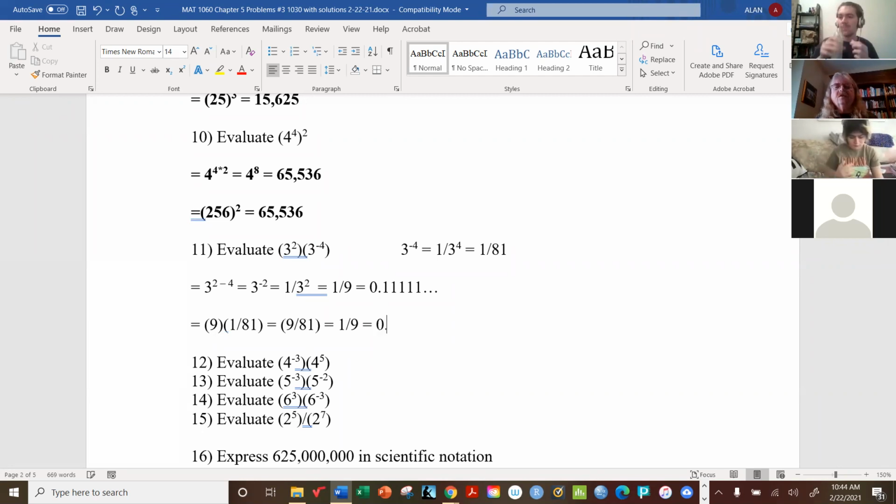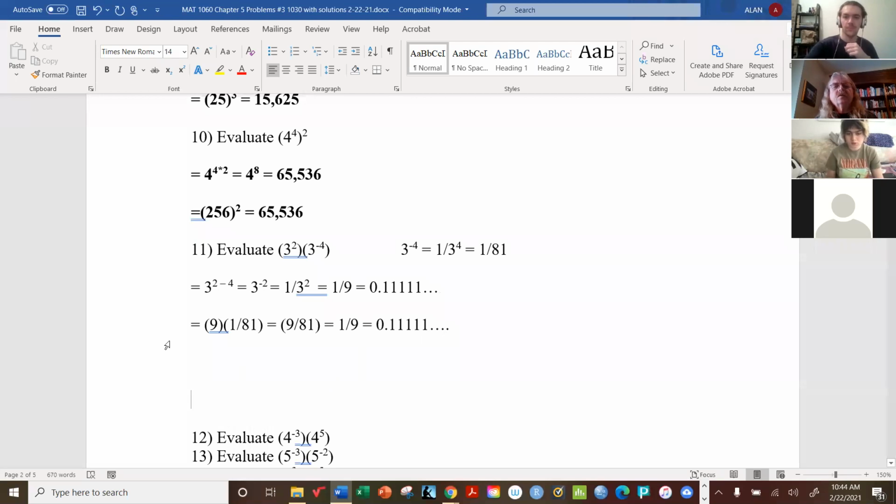By the way, I'm going to show you a cool little trick here. Suppose you went through all of this and you went to your calculator and you type 1 divided by 3 squared.